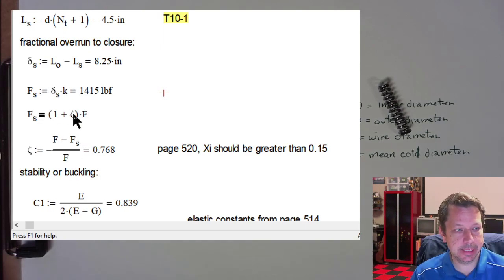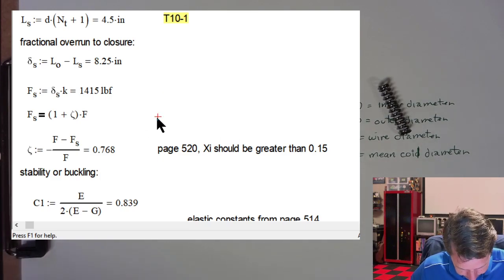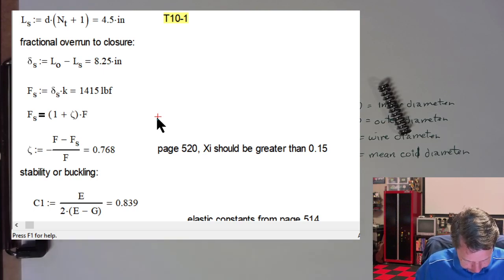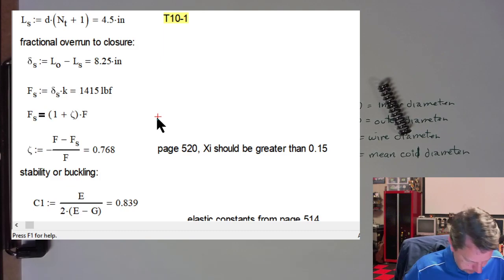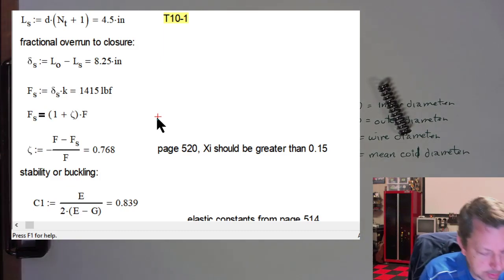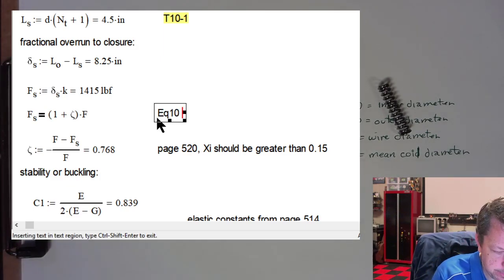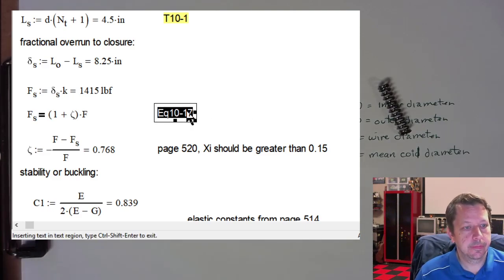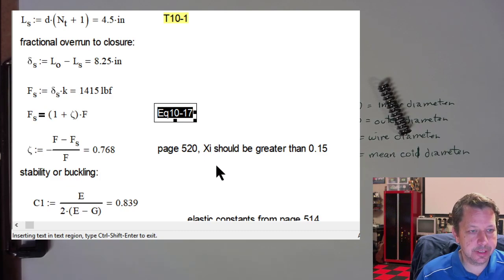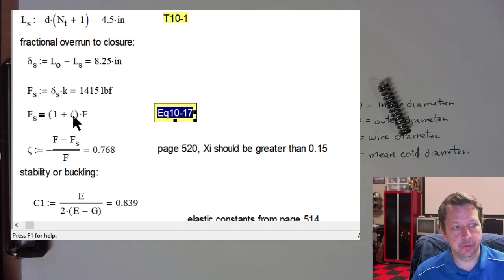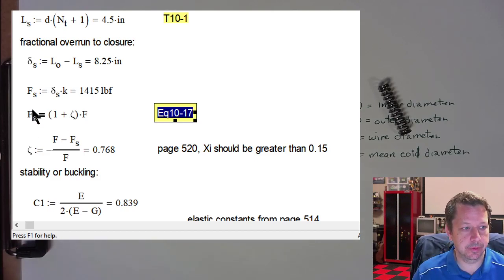So this equation actually is an equation in your book, I believe. I didn't write the equation number. Let's see. Where is that? It is equation 10.17. And it's not actually solving for xi, the fractional overrun to closure, but it's solving for the force at solid.